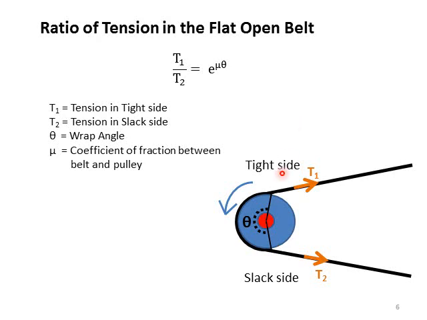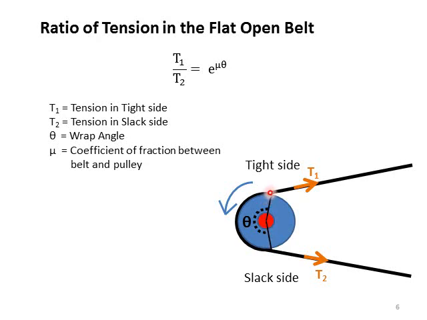Similarly, we can also find the tension in the flat open belt. The formula is very simple. It's the tension at the tight side divided by the tension at the slack side equal to e raised to the power mu theta, where mu is the coefficient of friction and theta is the wrap angle. What is the wrap angle? The contact between the pulley and the belt starts from here and ends here.